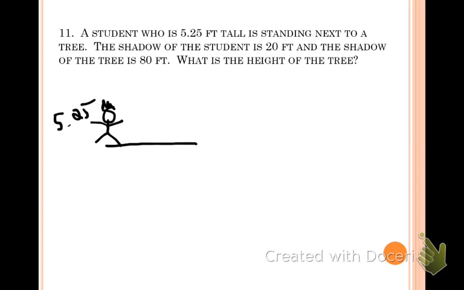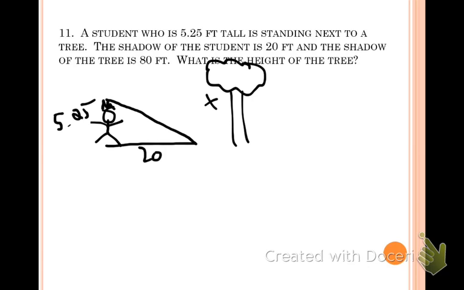The sun's going to hit the top of his head, and he's going to cast a shadow 20 feet long. He's standing next to a tree. We don't know how tall that tree is, but it's casting a shadow 80 feet long.